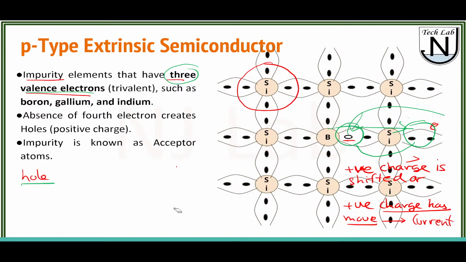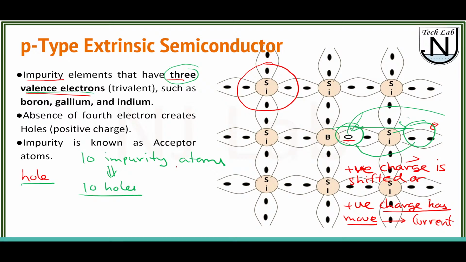And if we add 10 impurity atoms, it implies that 10 holes will be there in the complete material, and those 10 holes will contribute to the current.